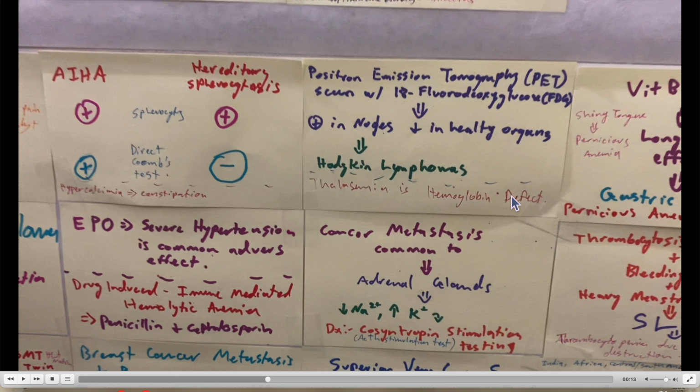Thalassemia is hemoglobin defect. So why does it show up in healthy organs? It's because I guess they absorb this stuff. I forget the explanation for this, but I think there was a question where they're like, it's seen in the lungs or the muscles or something, and they're asking why is this happening? What is the significance of this?